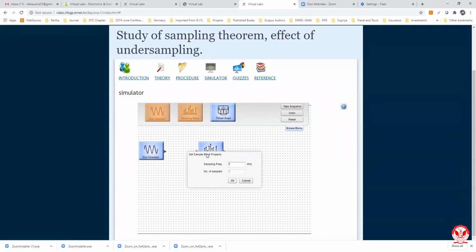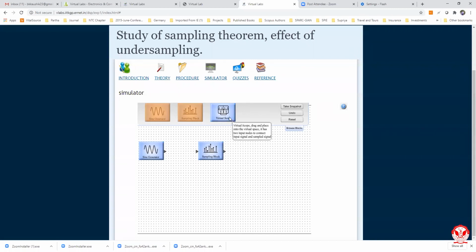Here we can set the sampling frequency. So the sampling frequency, let me set here 5 for simplicity. Now once we set the sampling frequency, we find the number of samples is automatically decided, it is 10. Again, we click on the OK button, and this window disappears.